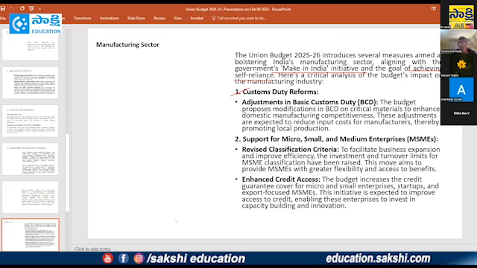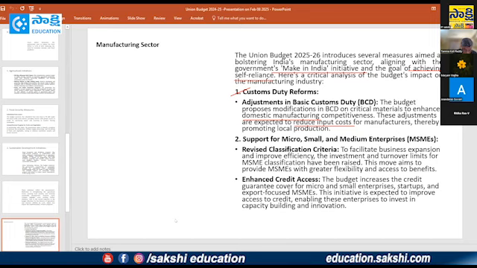The budget proposes modifications in BCD, that means basic customs duties, on critical materials to enhance domestic manufacturing competitiveness. These adjustments are expected to reduce input costs for manufacturers, thereby promoting local production.